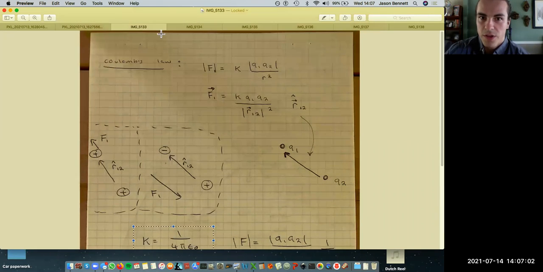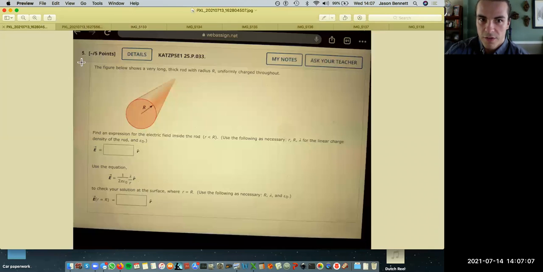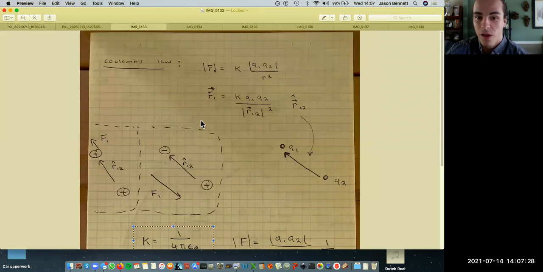However, this was the original way I was going to try to solve this problem, but because of the particular geometry, it's actually very hard. If I were to pick a spot right here and try to figure out what the electric field is, I would need to do a bunch of integration and u-substitutions, and it's really tedious and not recommended. So we're going to use something called Gauss's law.